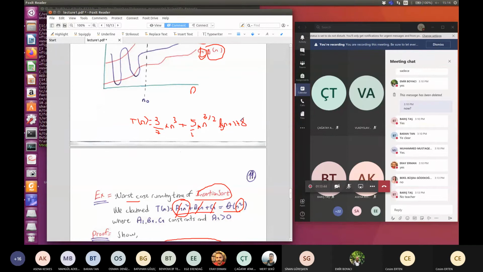So let's say I analyzed the running time of some algorithm and I came up with the following T(n) that describes this running time.